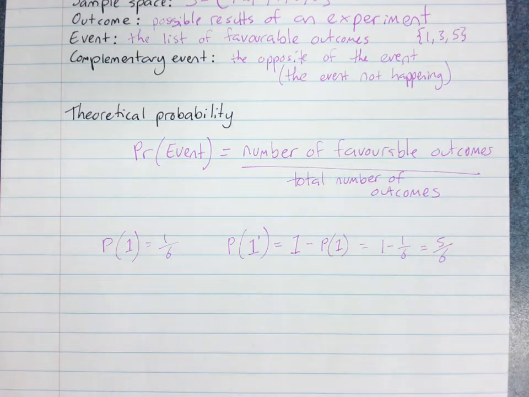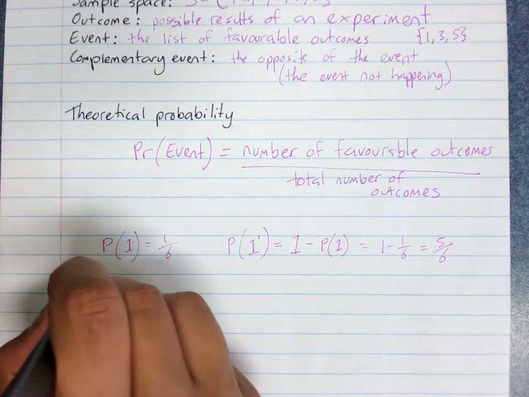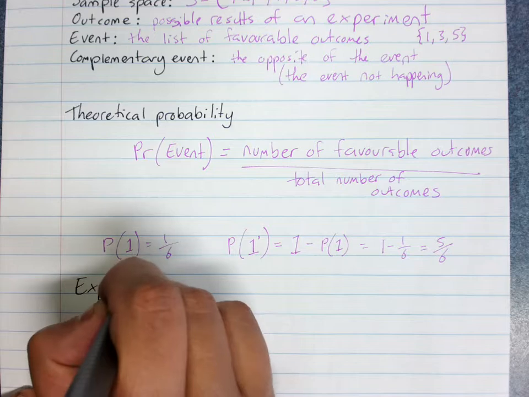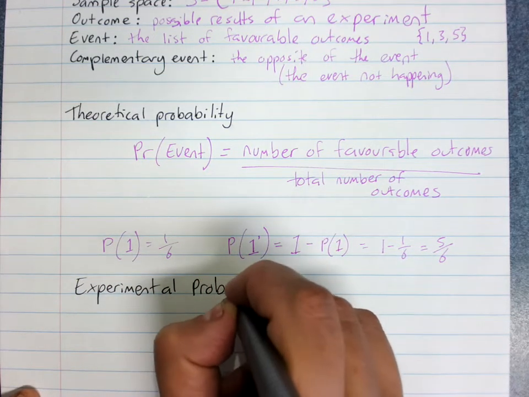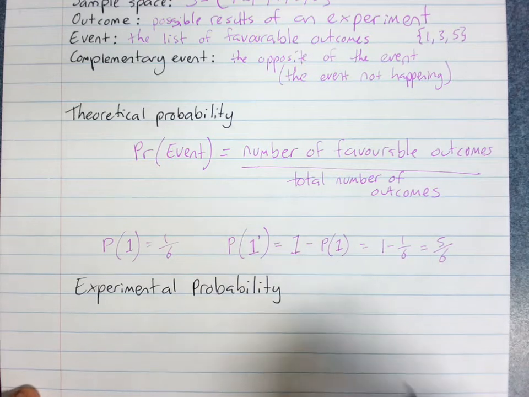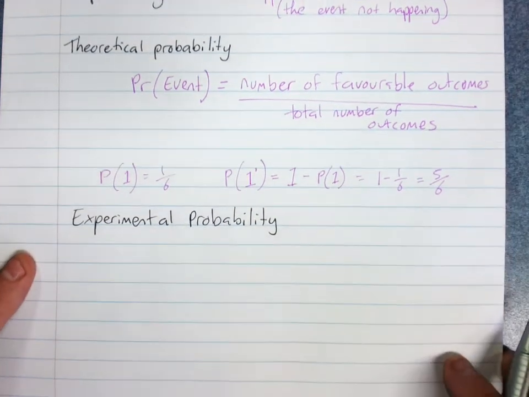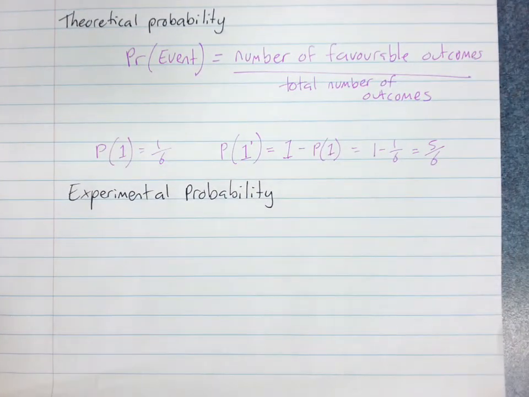We also have experimental probability. This is calculated in the same way as theoretical probability, but it uses the result of an experiment.